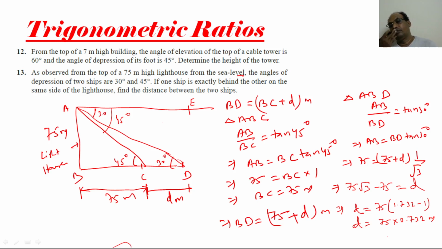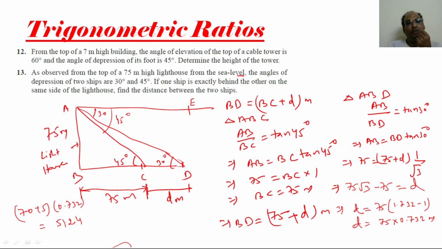So if we are multiplying, let us multiply 70 plus 5 into 0.732. So this one will give us 7 times 4 is 28, 7 times 3 is 21, 22 and 49 to 51. Okay, this 0 will shift, so it will become 7.32.